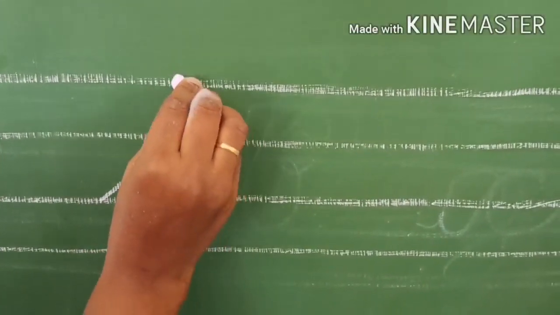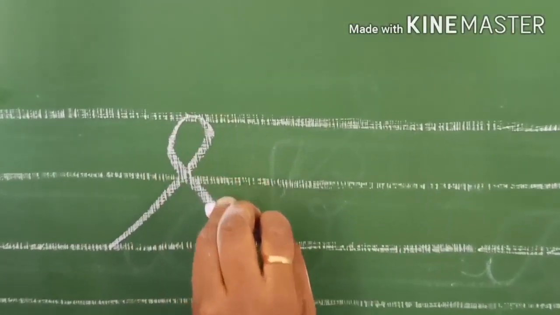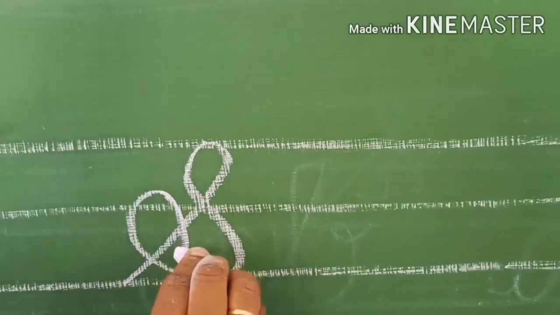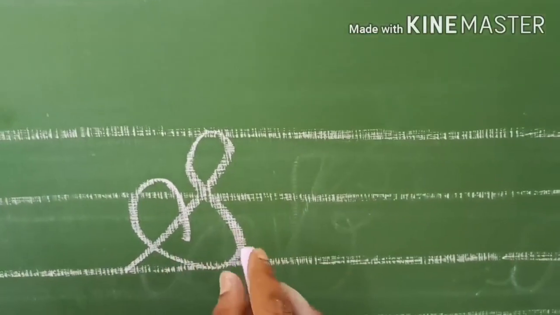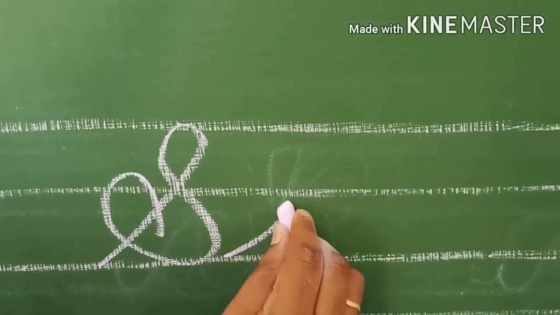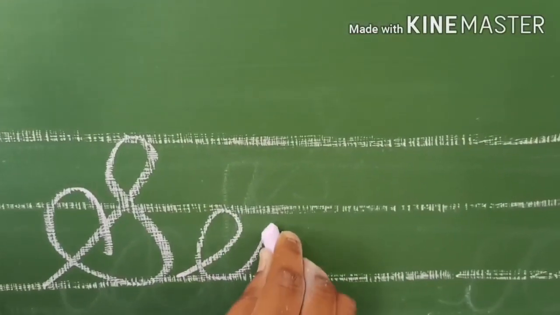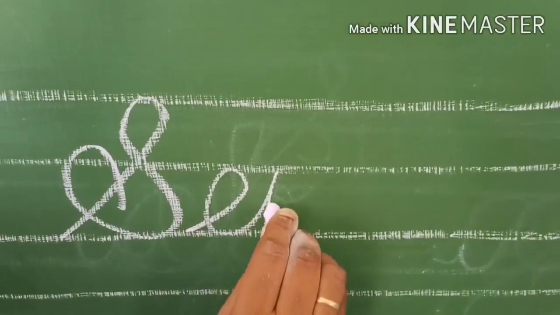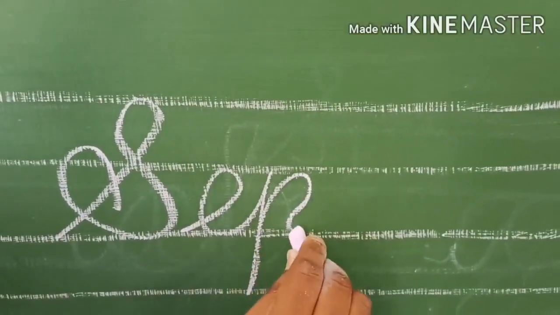So capital S, you should touch the top line, middle line and base line. Put one knot. Then you should write E, you should touch the middle line and base line. P, you should touch the middle line, base line and bottom line.